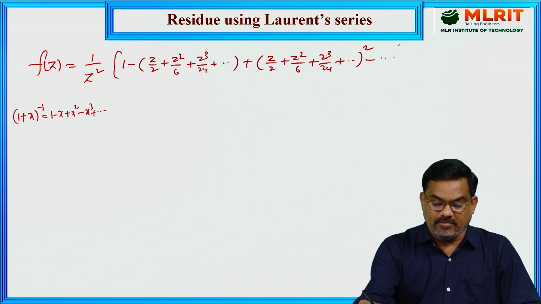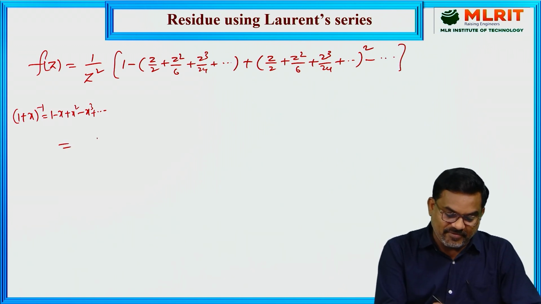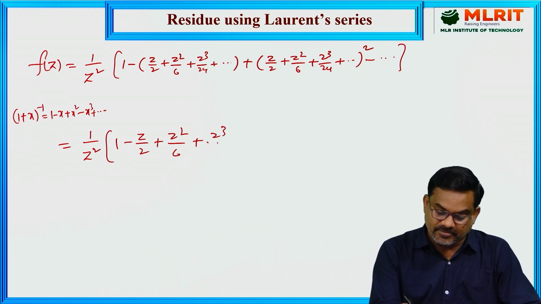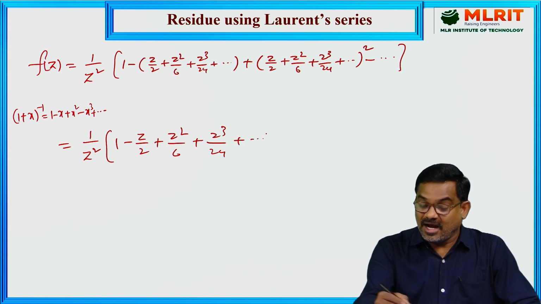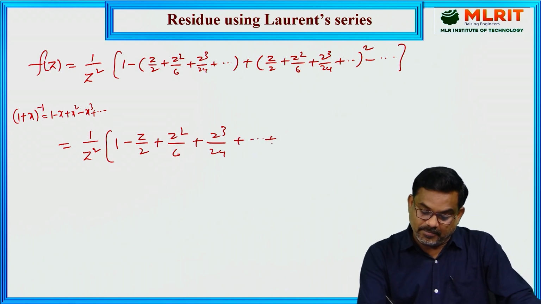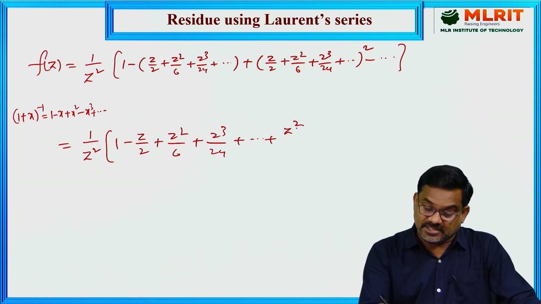Now by simplifying, we get 1 by z square into 1 minus z by 2 plus z square by 6 plus z cube by 24 plus so on, and here the square is there. Squaring, we get z square by 4 plus z power 4 by 36 plus so on.